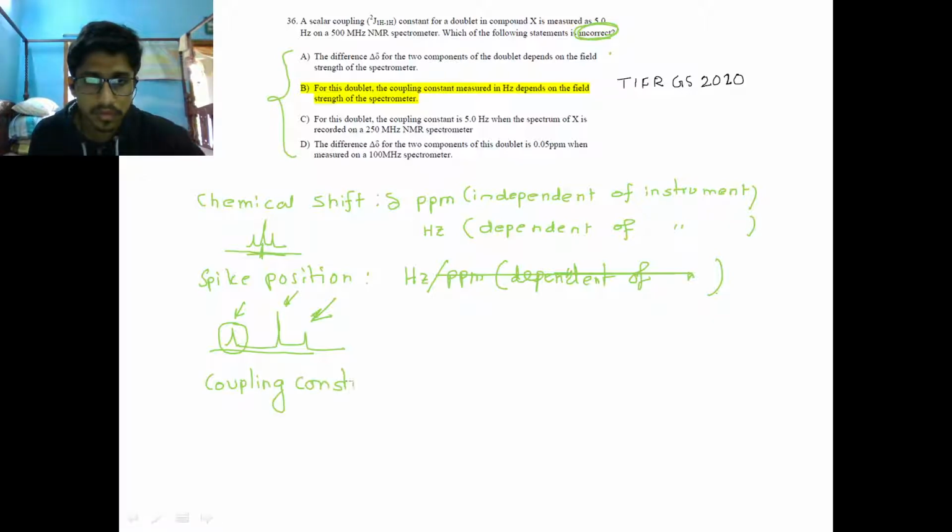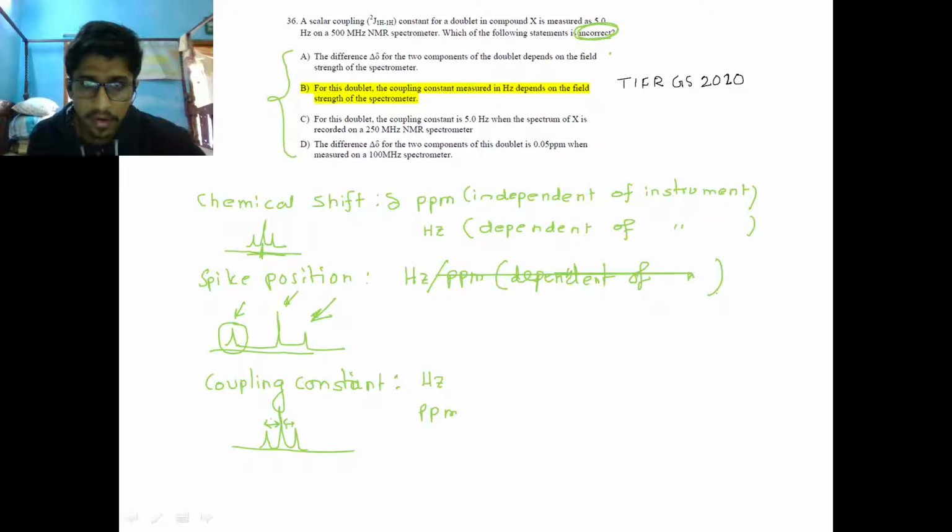We all know what is coupling constant. Now, what is coupling constant? See, this is a peak, so the gap between the two peaks, this is the coupling constant. The coupling constant is also reported in two units. One is Hertz and the other one is ppm.